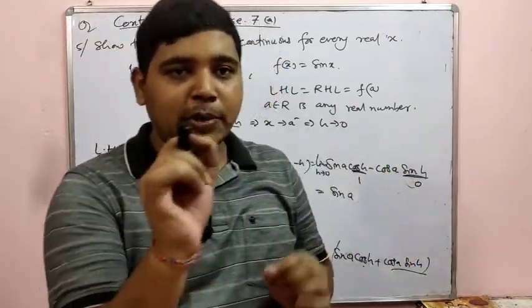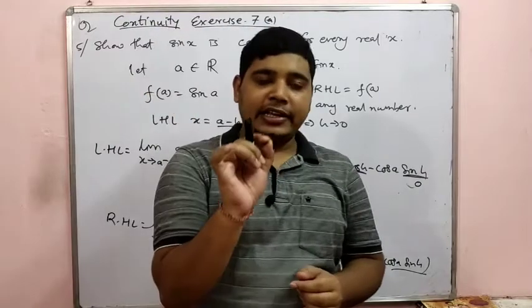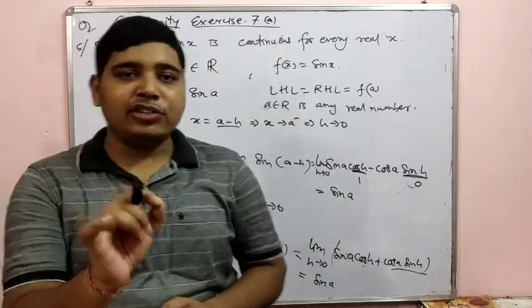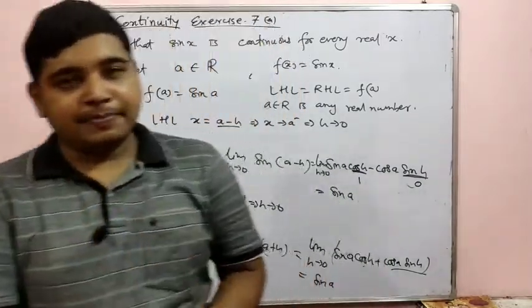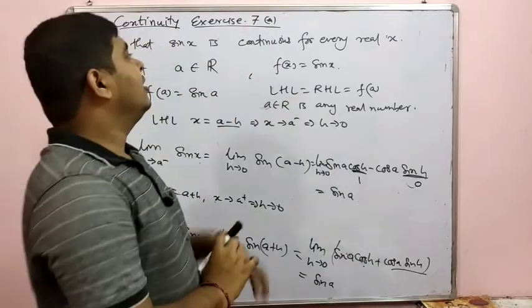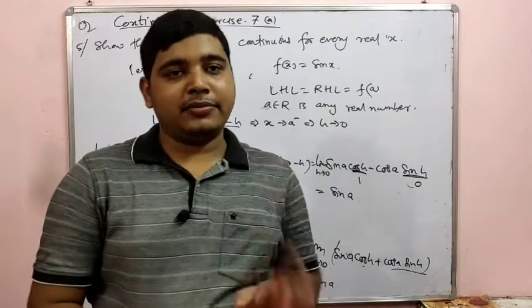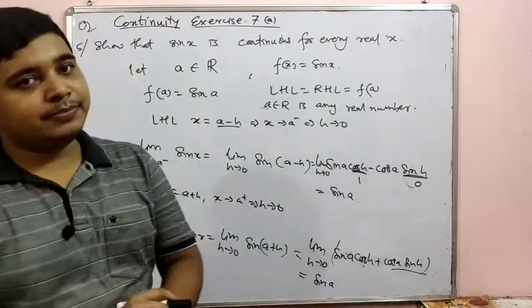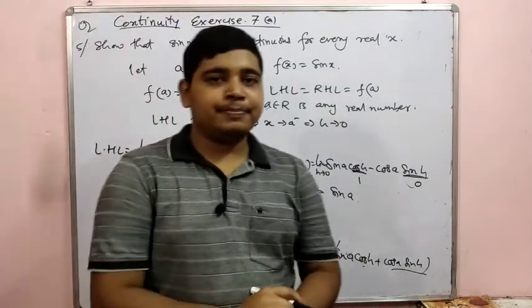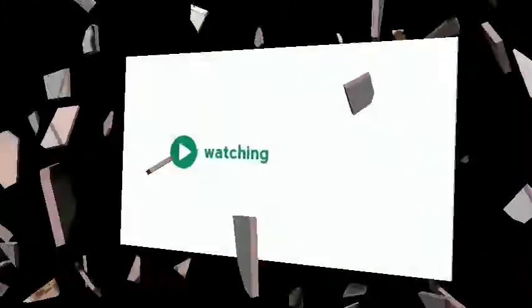This is not a particular point, it is an arbitrary point which is a real number. Hence we say that the function is continuous everywhere in R, or in real numbers. Okay, thank you.